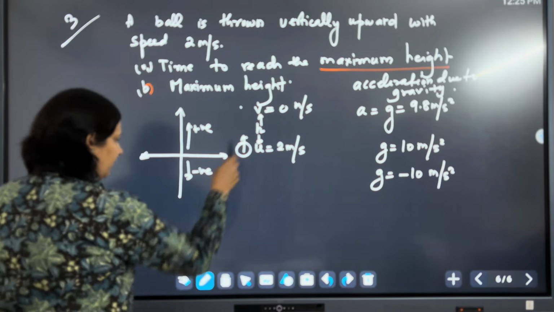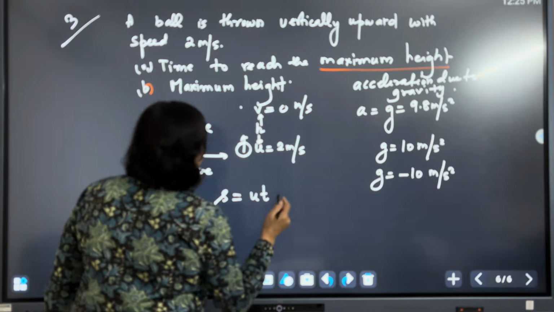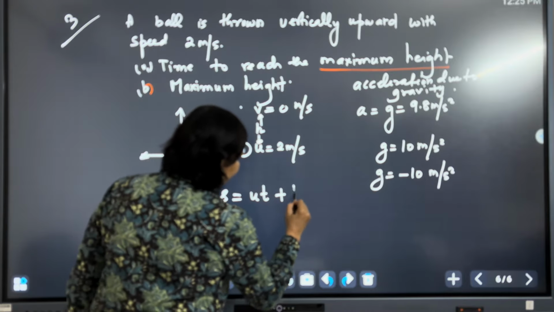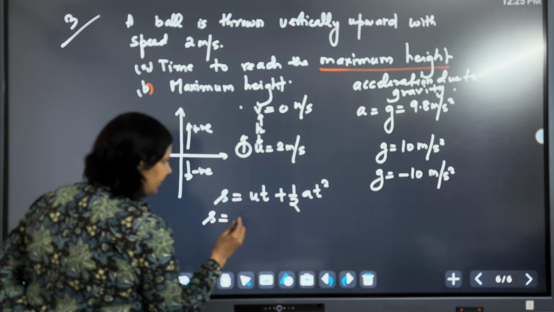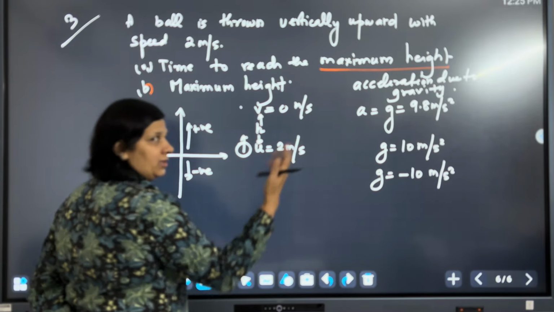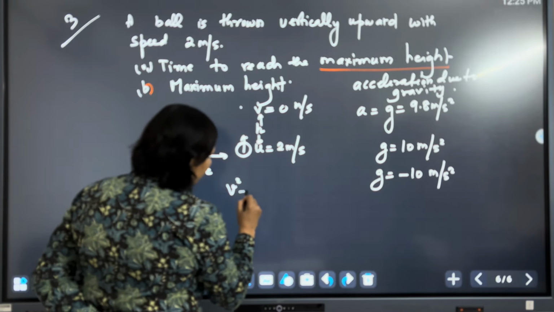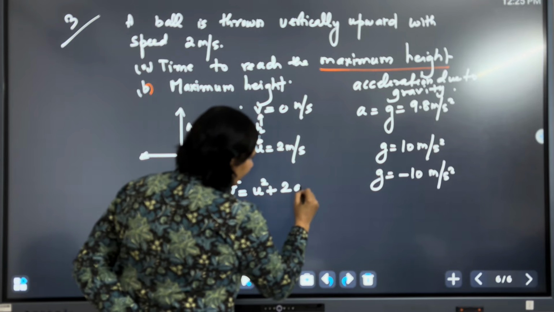So now here I want to find the displacement. s is equal to ut plus half at square, and the maximum height. So for this I need to find the time. So better I use the third equation, right? v square is equal to u square plus 2as.